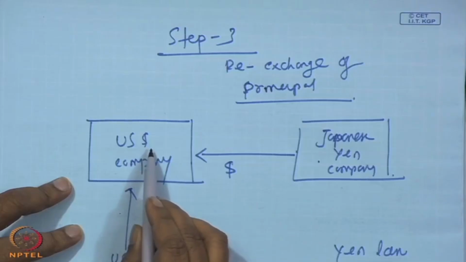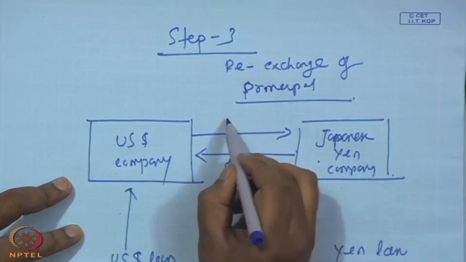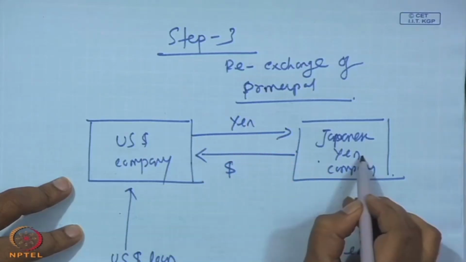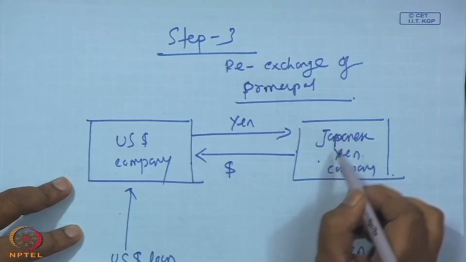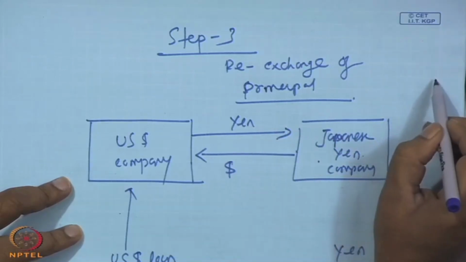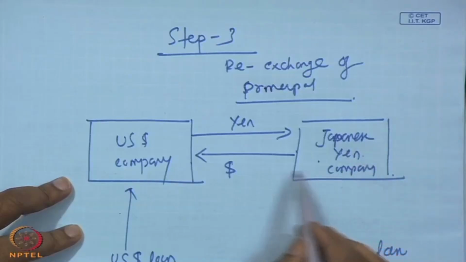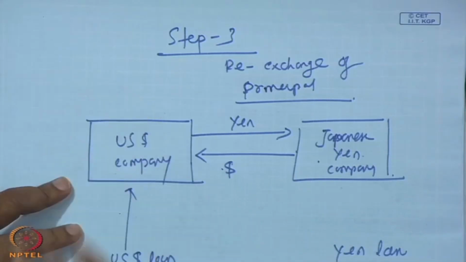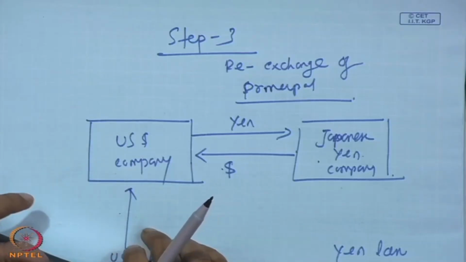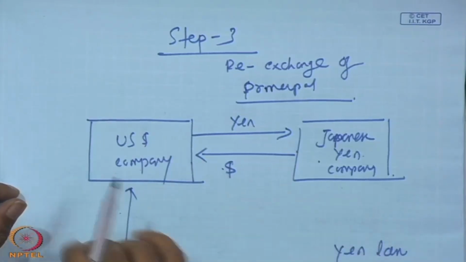The US company has taken yen, so it transfers the principal amount of yen to the Japanese company. After receiving the yen principal, the Japanese company will repay the loan principal. After receiving the dollar principal from the Japanese company, the US company repays the principal to the respective financier. So, this reverse transaction takes place here.